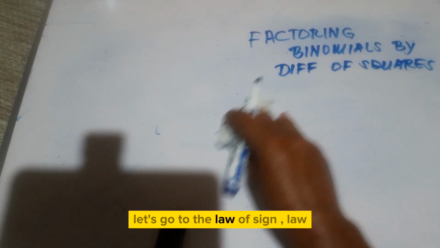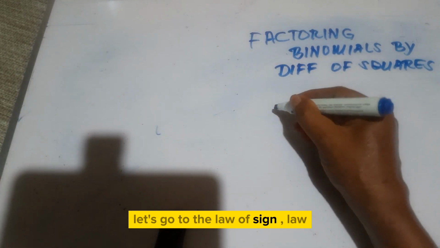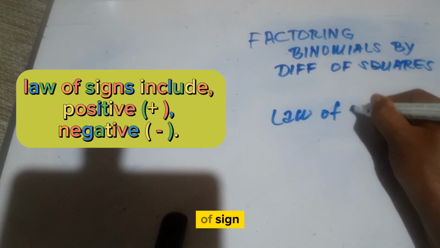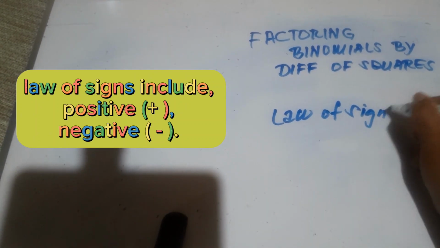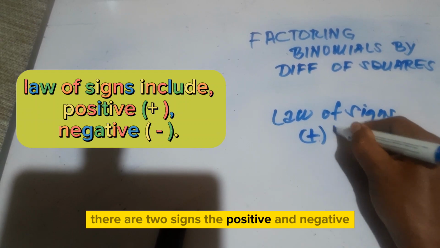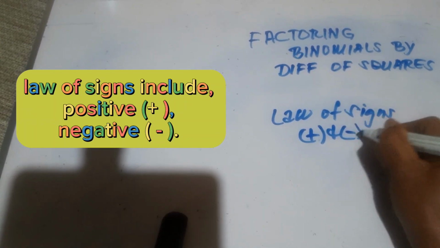Let's go to the law of signs. There are two signs, the positive and negative.